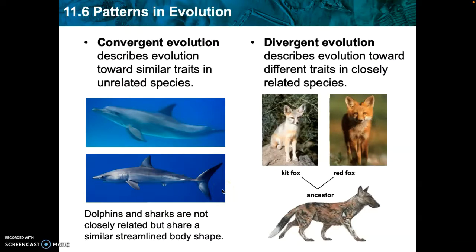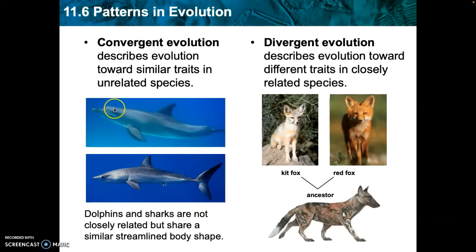Mammals and fish are not very closely related. They have a pretty distant common ancestor. So the reason why these two look similar is not because they inherited their body shape from a recent ancestor, but it's because this body shape is well suited for the habitat where it lives. Dolphins and sharks both live in the ocean, so they have a very streamlined shape to their body. They have fins instead of limbs.